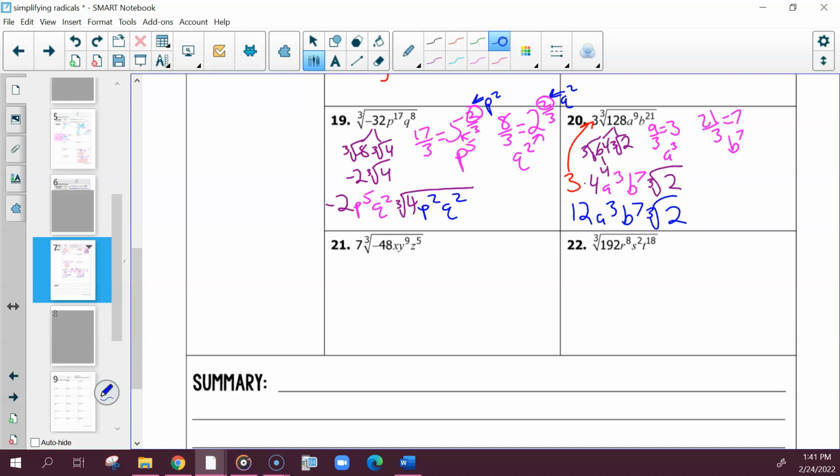Right? And then for 21, for 48, we would have to divide by 8.